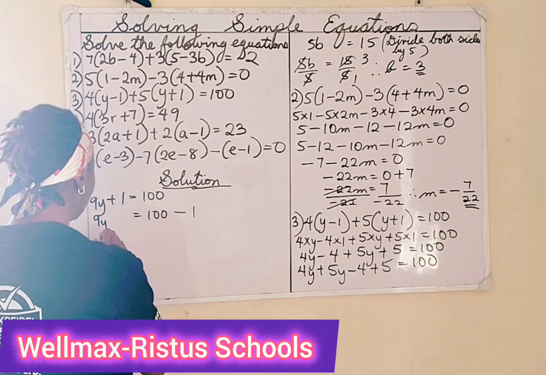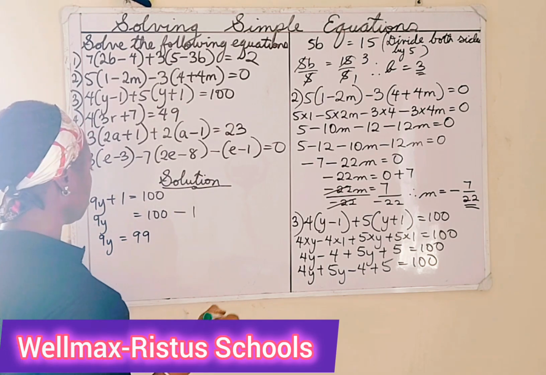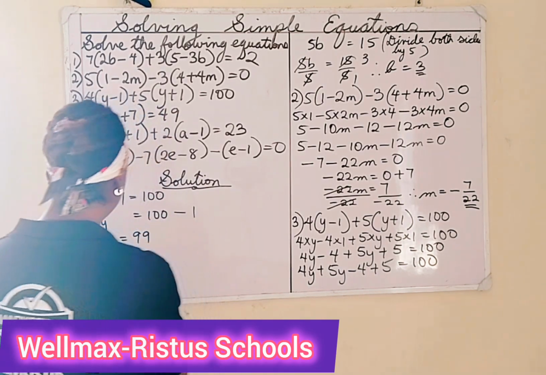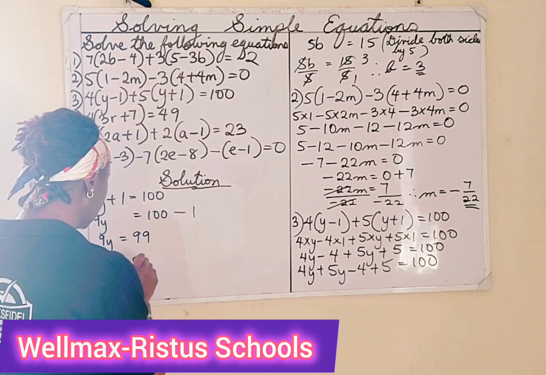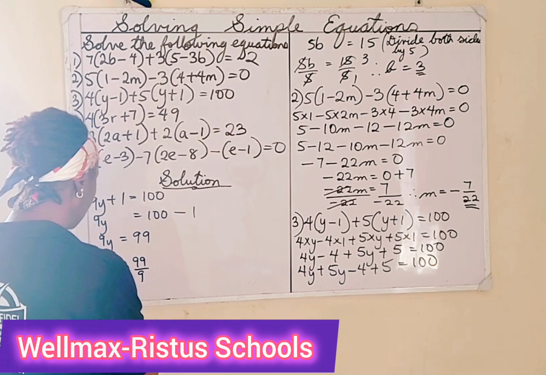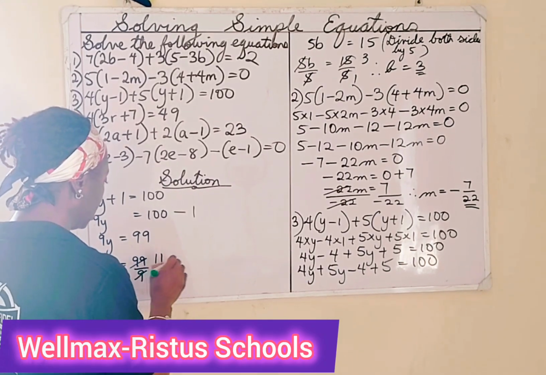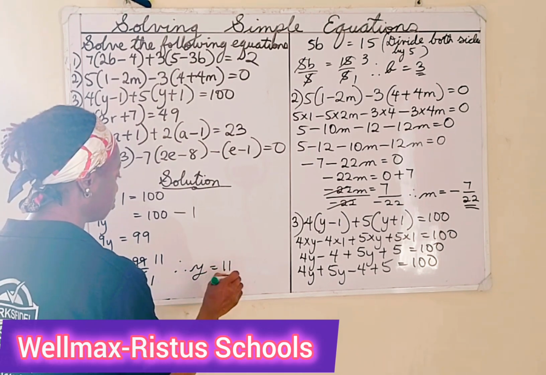And 100 minus 1 is what? 99. Then from here, we'll divide both sides by 9. Then we'll have 9y divided by 9 equals 99 divided by 9. 9 cross out 9, 9 here 1. 9 in 99, 11. Therefore, our y equals 11.